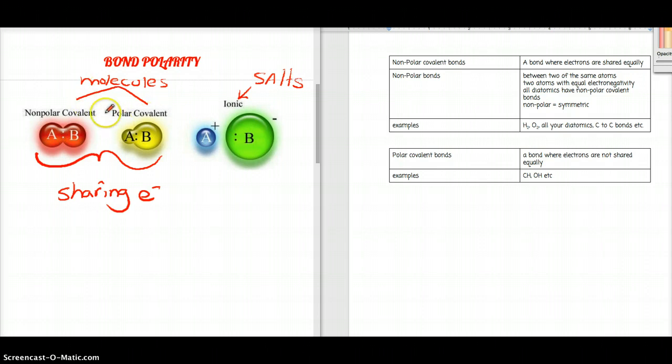So we can call these molecules where there's an uneven sharing polar covalent, and if there's an even sharing, we call that non-polar covalent. Let's take a look at an actual example of things that might be non-polar covalent and other things that might be polar covalent.